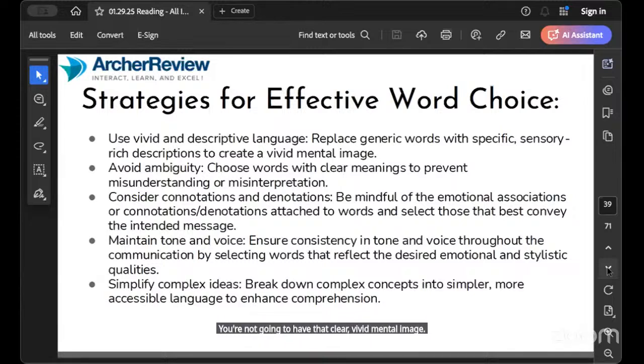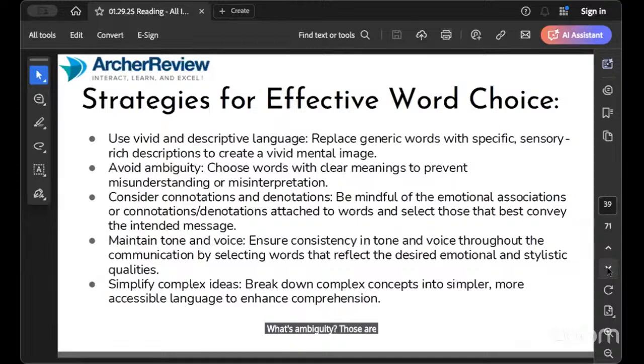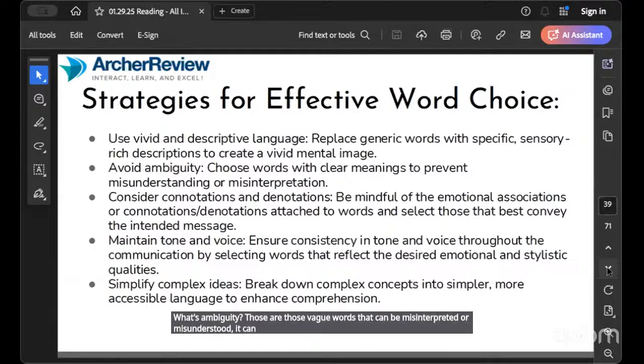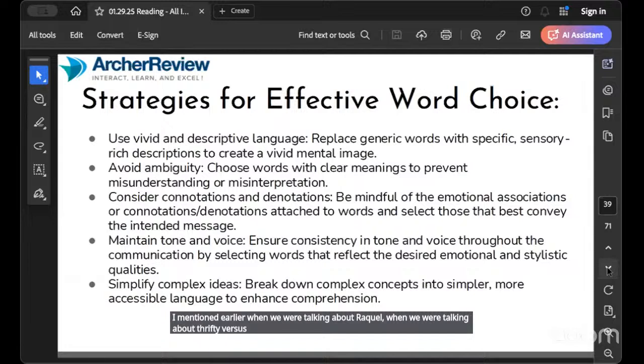If it is using correct, effective word choice, it will avoid ambiguity. What's ambiguity? Those are those vague words that can be misinterpreted or misunderstood. It can vary from person to person. I mentioned earlier when we were talking about Raquel, when we were talking about thrifty versus the word using cheap, consider connotations and denotations.